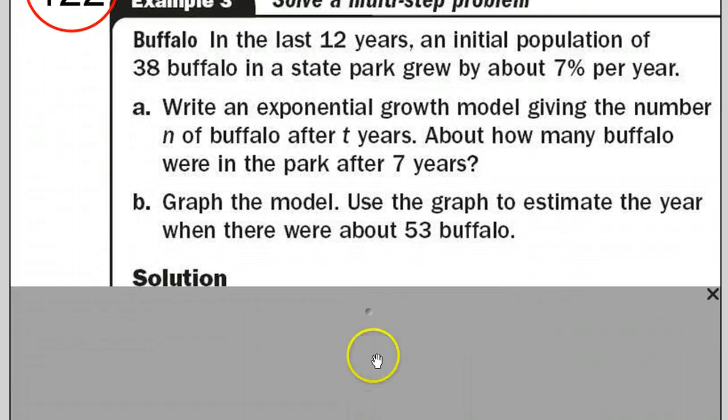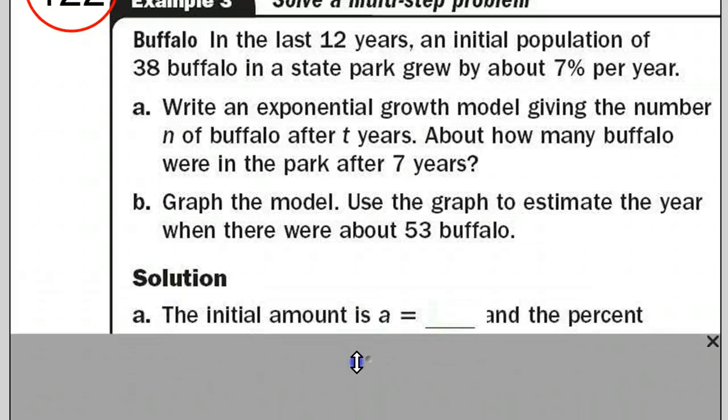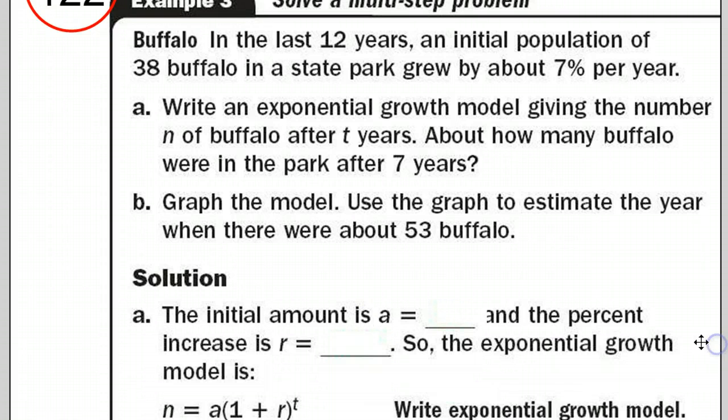Well, let's take a look. What's the initial amount? How many do you start off with? They tell you it is 38 buffalo. And then the percent increase is 0.07 because 7% is the same as 0.07.